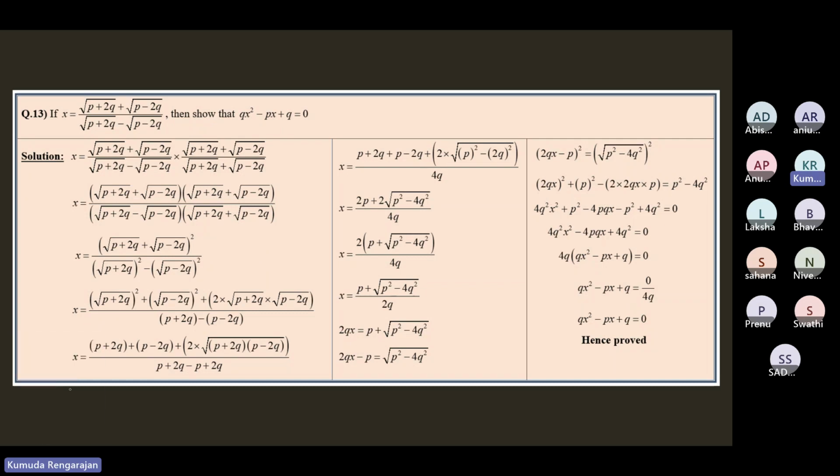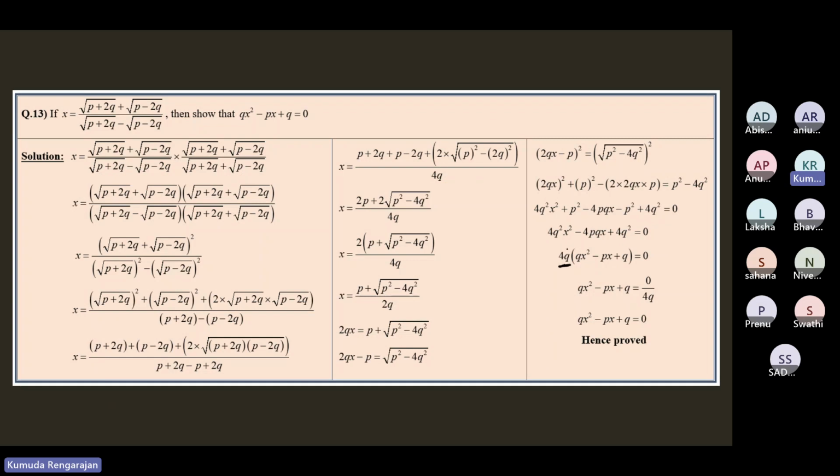Now take out the common factor. Whenever there's something common, we take out the common factor. Now what is common? 4 is common. And then q square, q square, so q is common, not q square. So 4q is common.